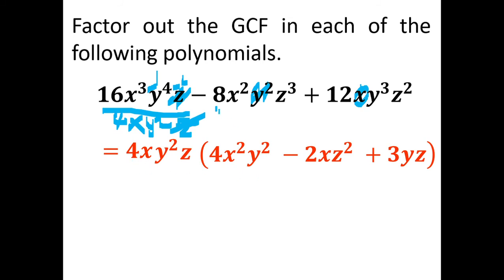Pagdating naman dito, check natin. 4x, y squared, and z. Z minus 1 is z squared. And then, y squared, sa y squared, cancel yon. X, 2 minus 1 is 1. And then, 8 over 4 is 2. So, we have there.